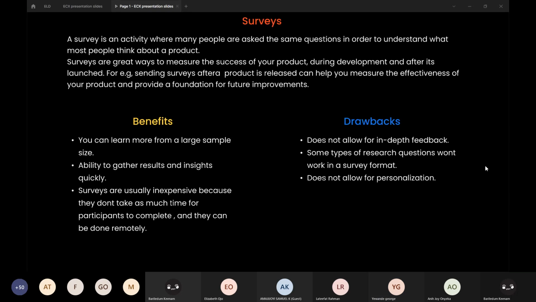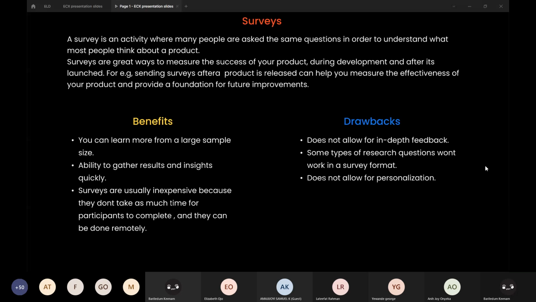They are usually inexpensive because they don't take as much time for participants to complete, and they can be done remotely. So once you have data, you can use a survey because it is inexpensive. All you need is just data to carry out your research. So it is faster and inexpensive.